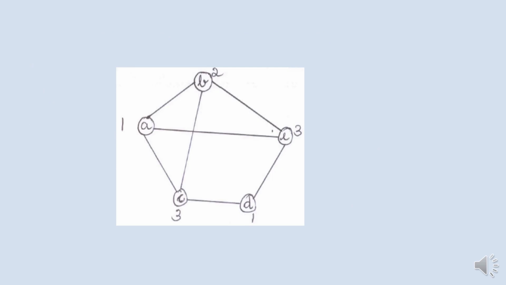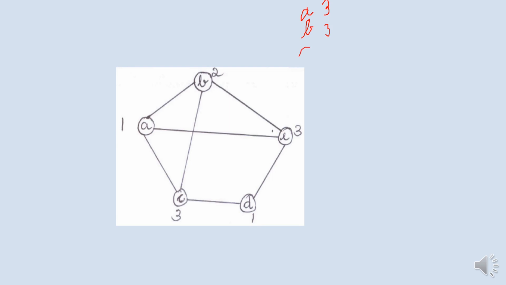In this graph we have 5 vertices A, B, C, D and E. If we consider the degree of vertex A, it has 3 edges, so the degree of vertex A is 3. The degree of vertex B is also 3, because from B we have 3 edges.